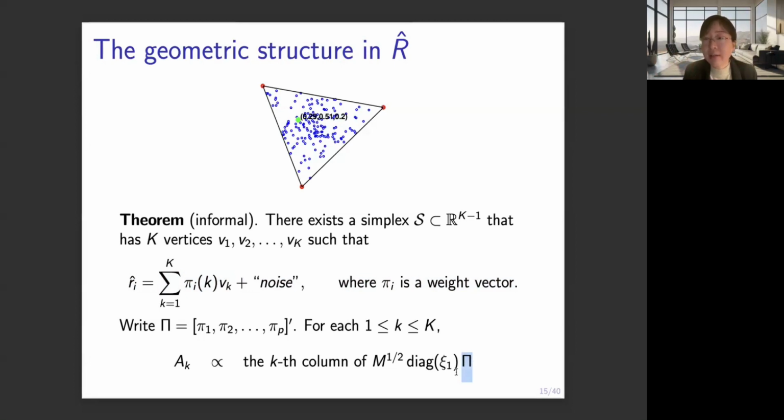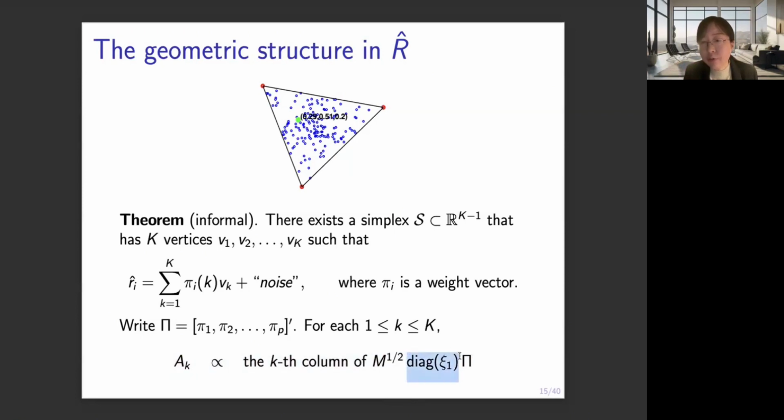It turns out that this matrix is closely related to the P by K topic matrix. So I will multiply this pi by two diagonal matrices. These two diagonal matrices appeared in my pre-SVD and post-SVD normalization, and I now just revert these normalizations.